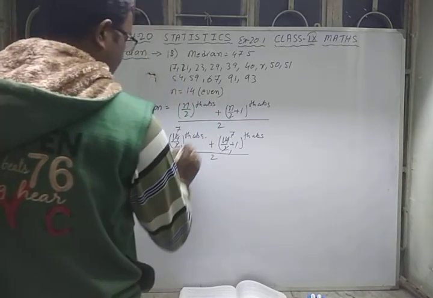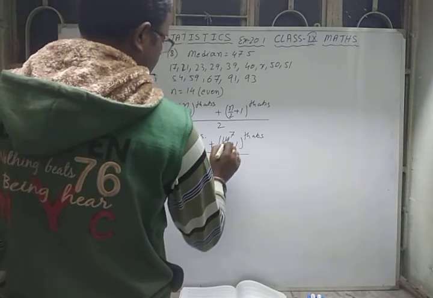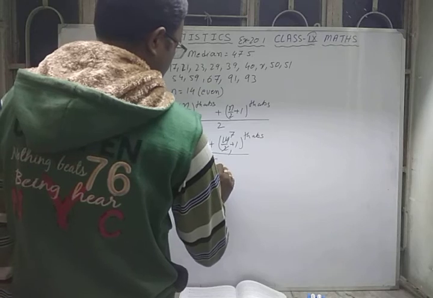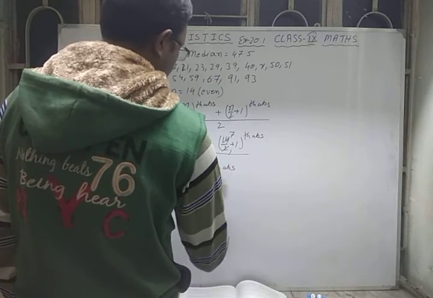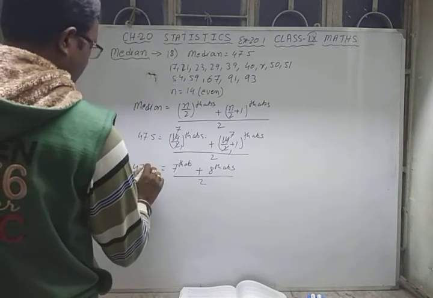So the first is the 7th observation plus 7 plus 1, which is the 8th observation, whole divided by 2, that is equal to 47.5.